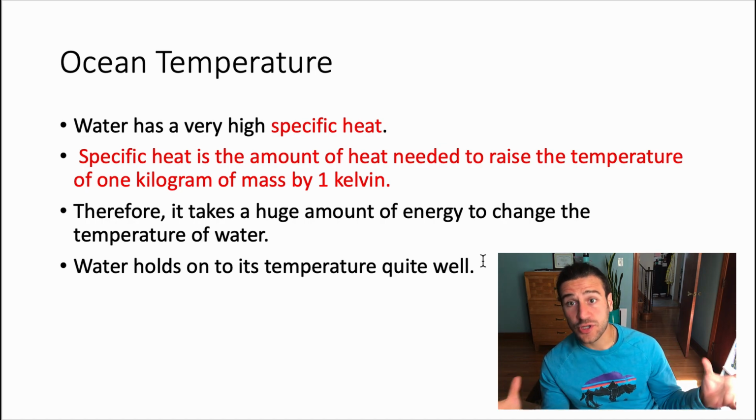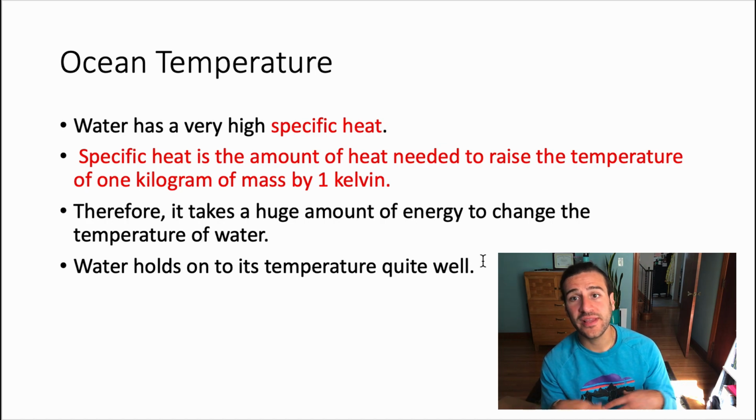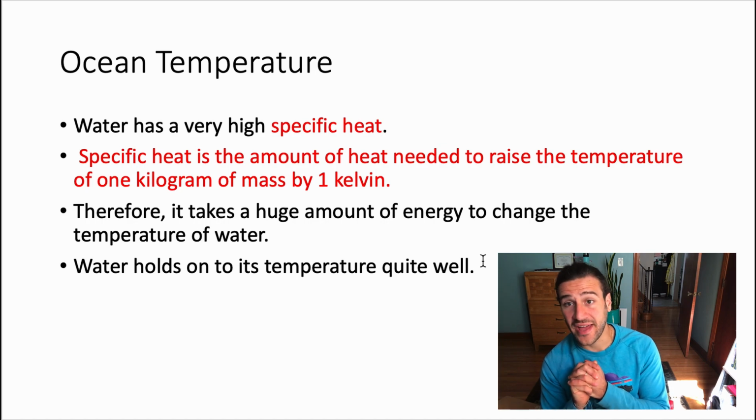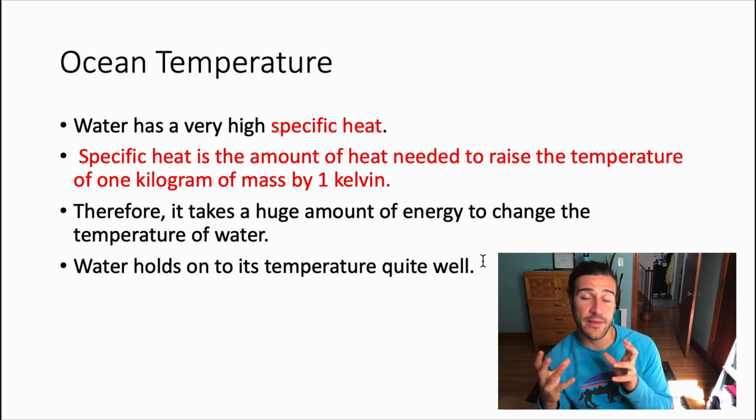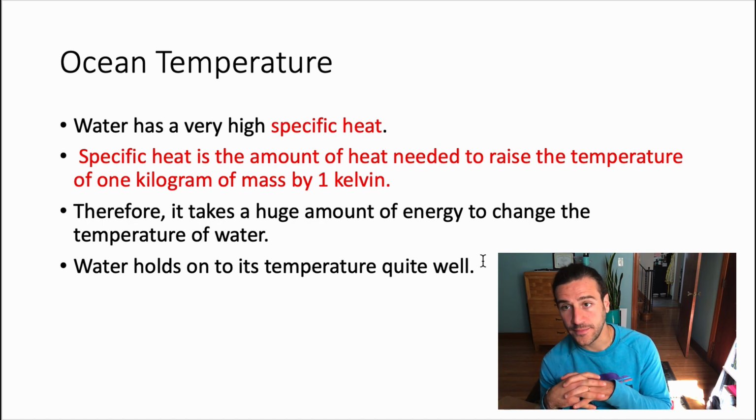So again, the larger the pot of water you have boiling, the longer it's going to take. And already we know that water has a very high specific heat. So water is going to hold on to heat very well, right? And it's going to take a lot of energy to change the temperature of that water.